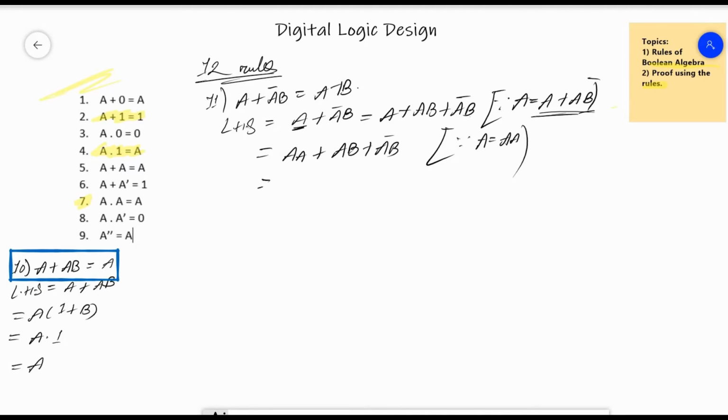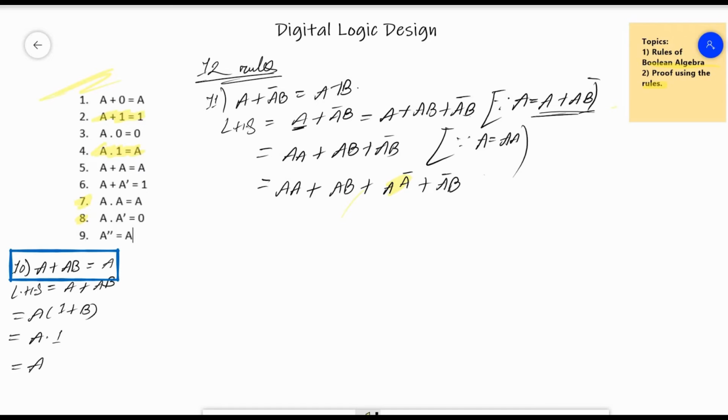Now we can again write this as AA plus AB plus A A bar plus A bar B. Now you might wonder where this one came from. You can see here that A into A bar from rule number 8 is equal to 0.